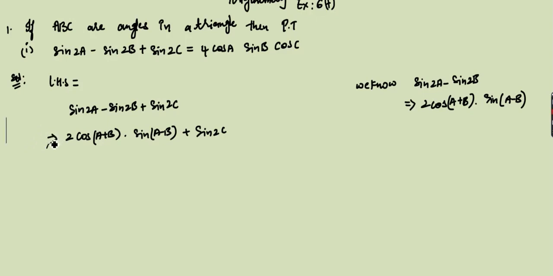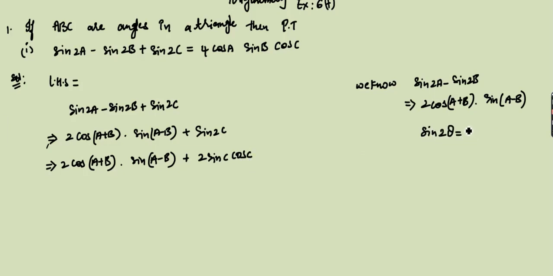So the next step is 2 cos of A plus B into sine of A minus B. So in place of sine 2C, we can write it as 2 sine C cos C, because we know sine 2 theta is equal to 2 sine theta cos theta.